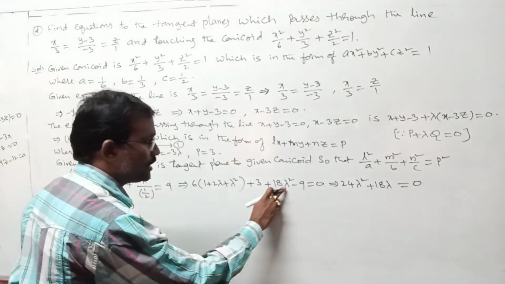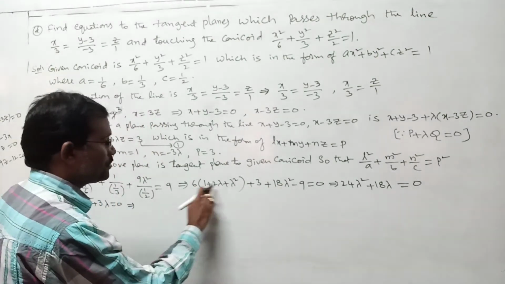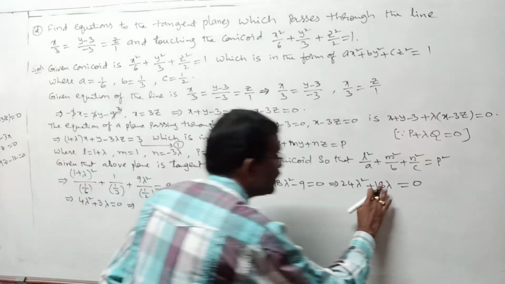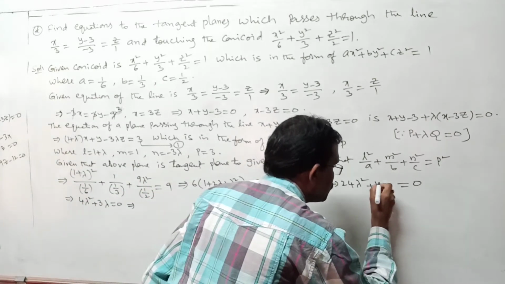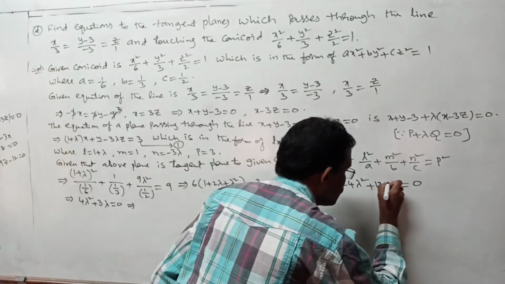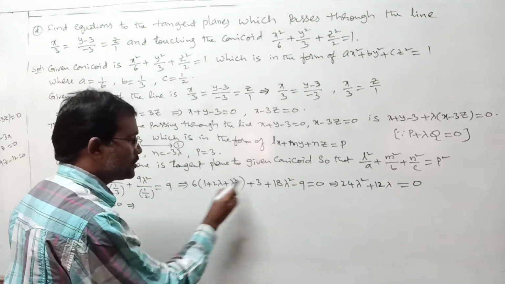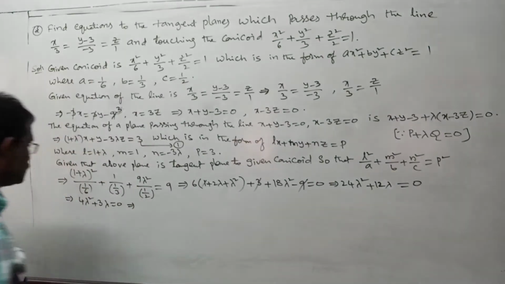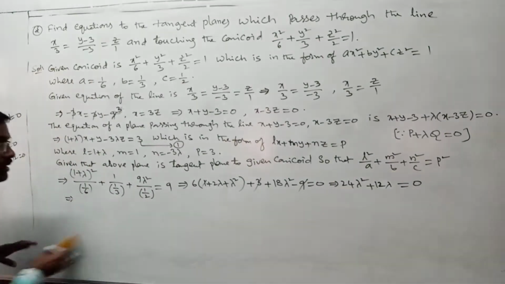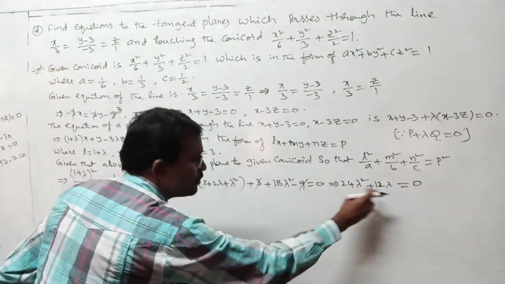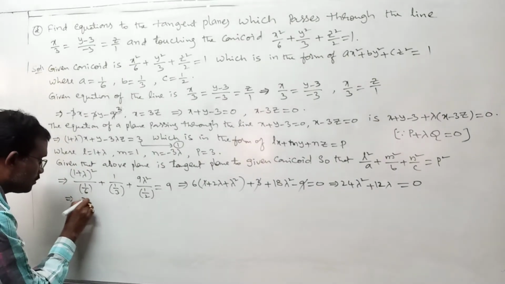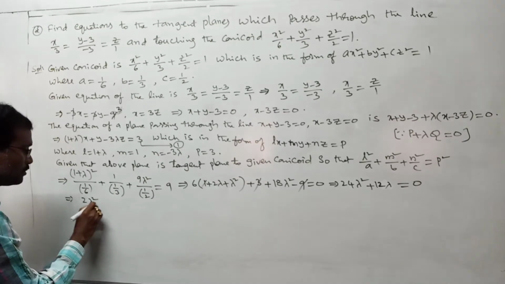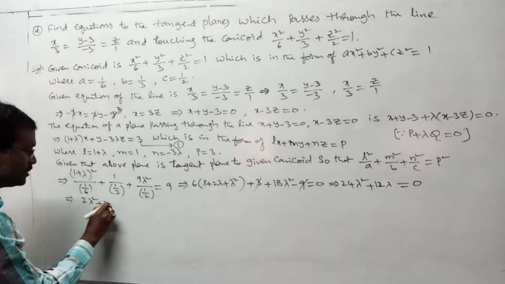This is actually 18 plus 6, 24 lambda square. Next 6 into 2, it is 12 lambda. Now here plus 6 plus 3, 9 minus 9 becomes 0. Here let us divide with 12: 2 lambda square plus lambda is equal to 0.